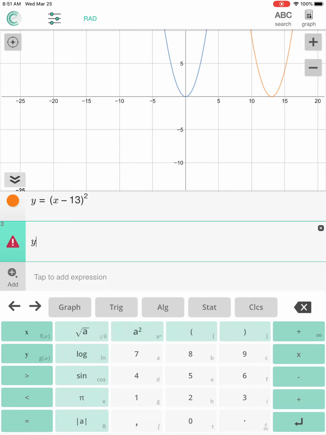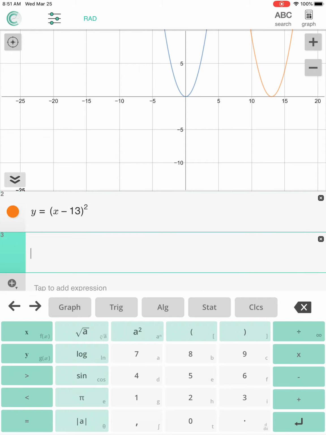Okay, and then if we add in the same function, y equals x minus 13 squared, and now we want to move it 6 units down, so we subtract 6 from that.